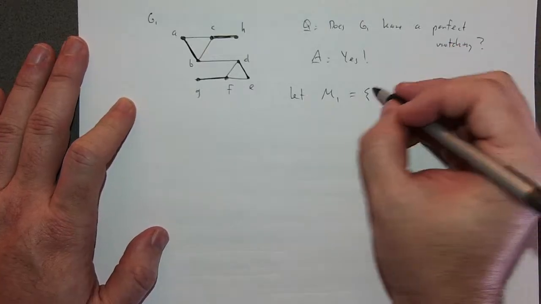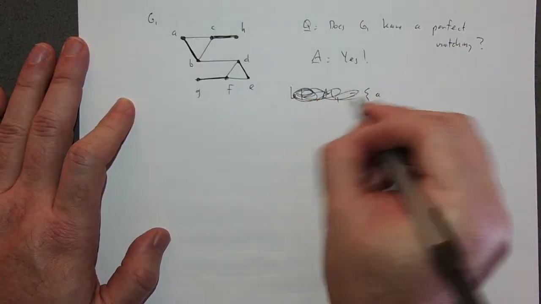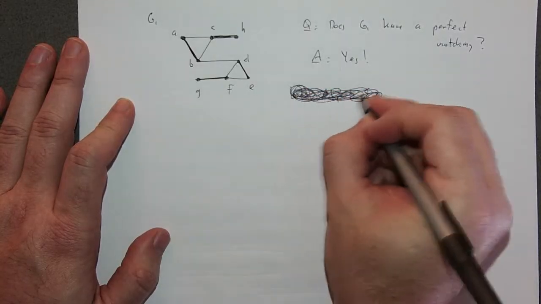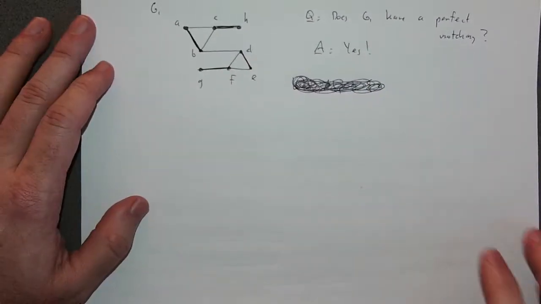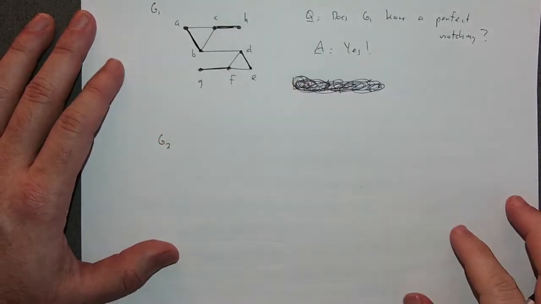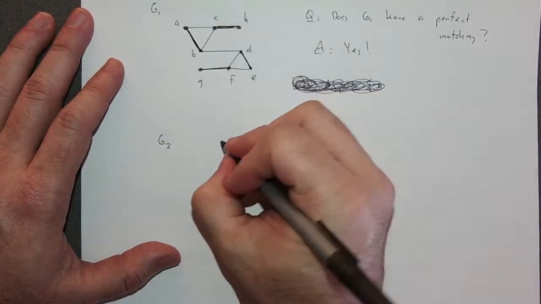Oh, let me draw another picture here to do this. If I'm going to show both of these, I need a different graph. This won't do it, so hold on one second. Let me call this graph G2 here.